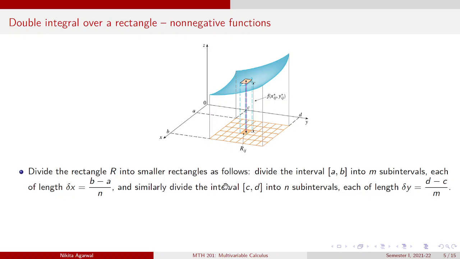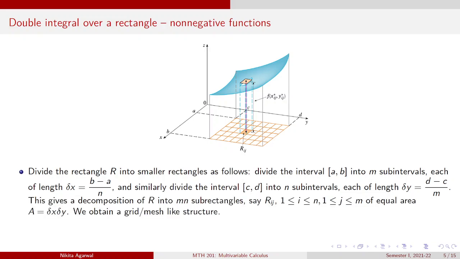And similarly, you divide this side interval [c,d] into n subintervals and each one will have length (d minus c) by n. Okay. So I'll correct this m and n. They need to be switched. So you're dividing the interval into equal parts, both sides. So when you do that, you get a mesh-like structure which is as shown here.